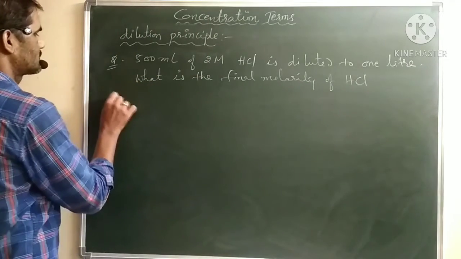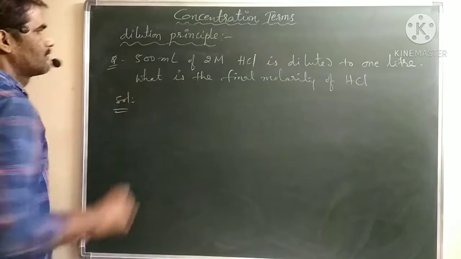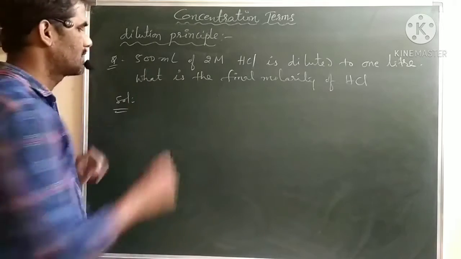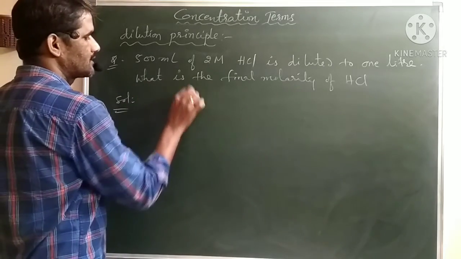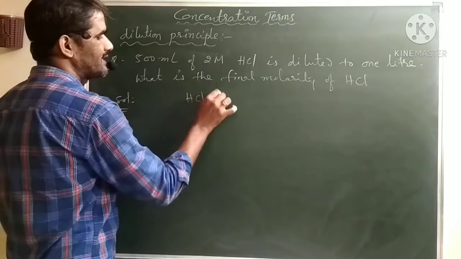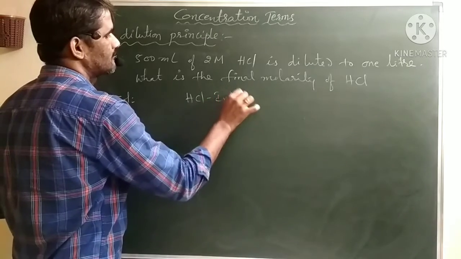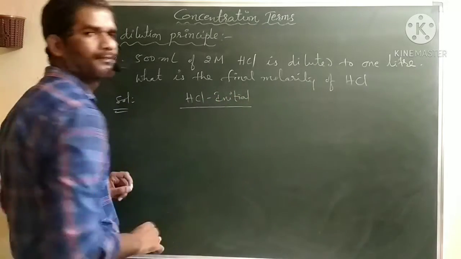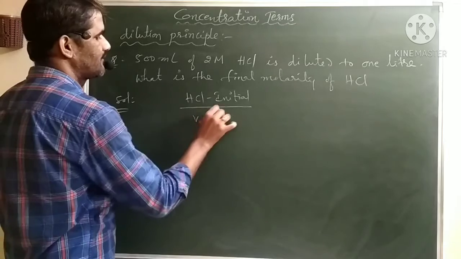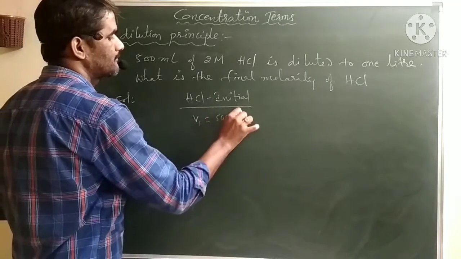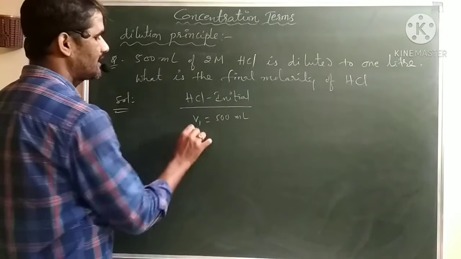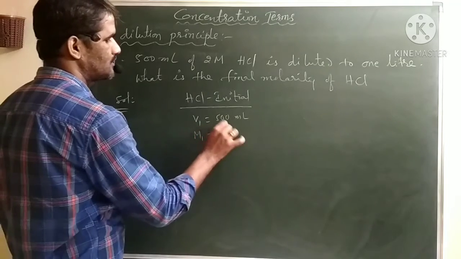Now see here, we have the initial volume, that is HCl, this is initial. How much volume? V1 is given, 500 ml. And what is the molarity? Let us assume M1, that is 2 molar.